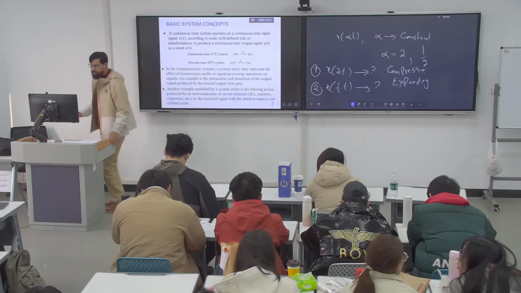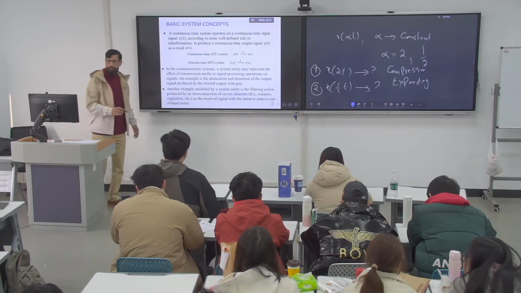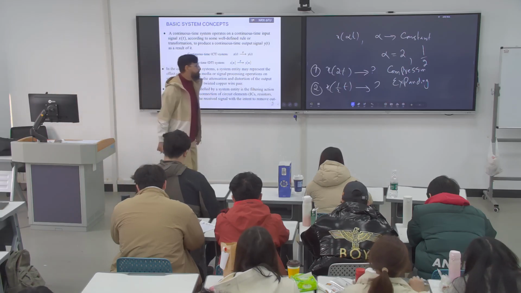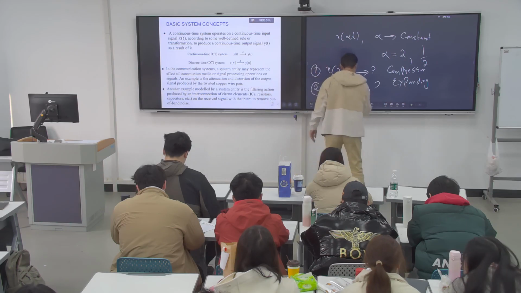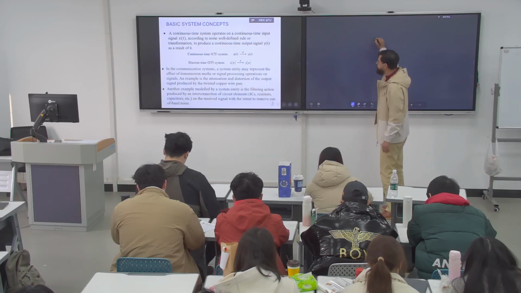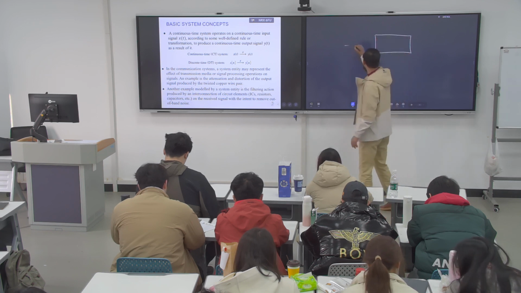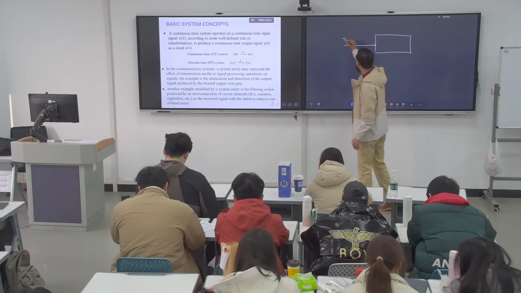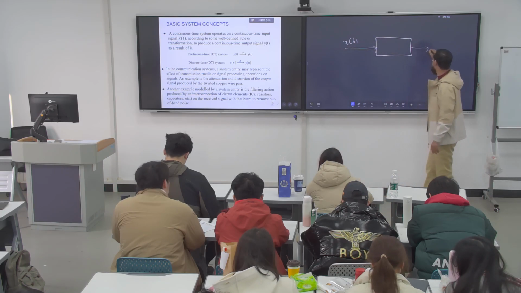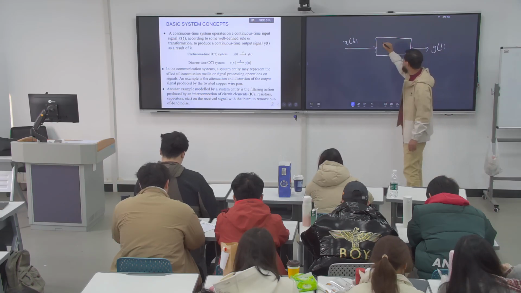Now we talked about systems. So what is a system? You have a black box. This is the input, and this is your output. This is a black box.